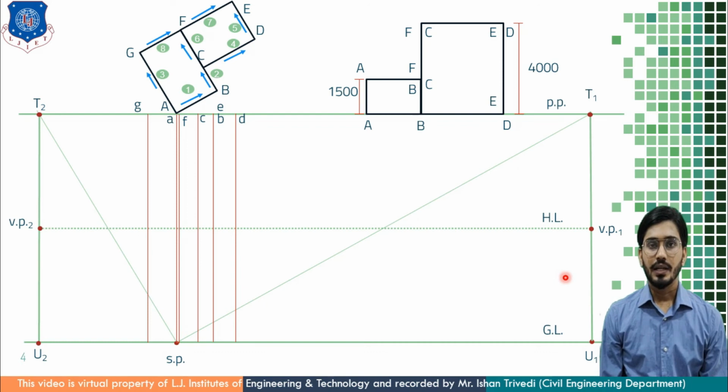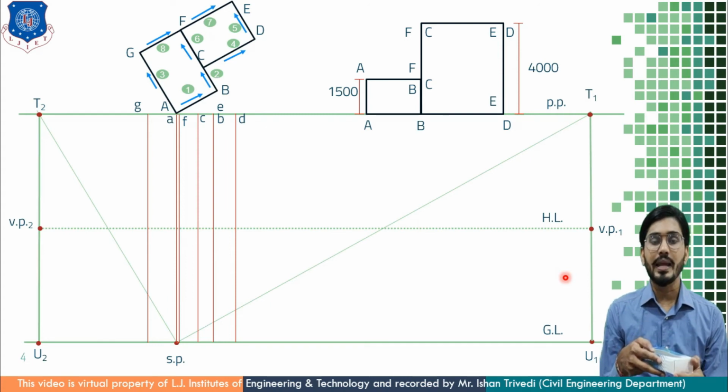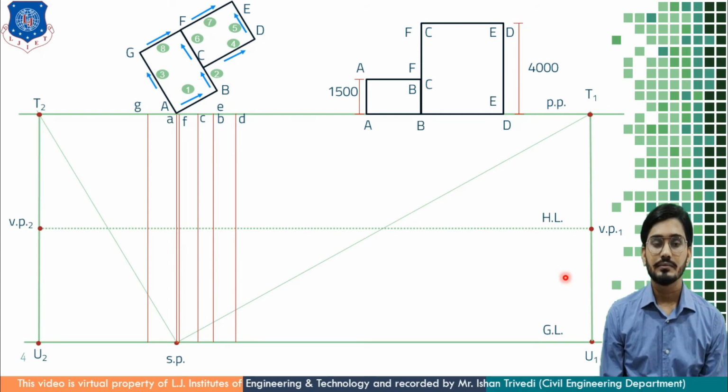So AB is resting at the picture plane. The height of this vertical component will remain as it is, and it is 1.5 meter. So I am measuring this from SP and drawing a 1.5 meter line from SP, meaning from A1 point to A2 point. Now our first step is moving from A to B, which is moving towards the right hand side, and that's why I'm going to connect VP1.